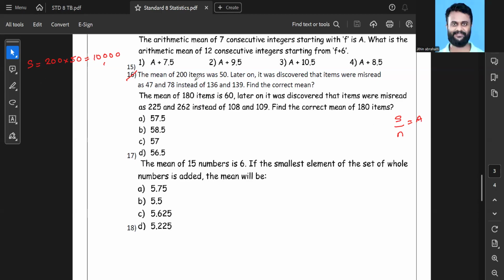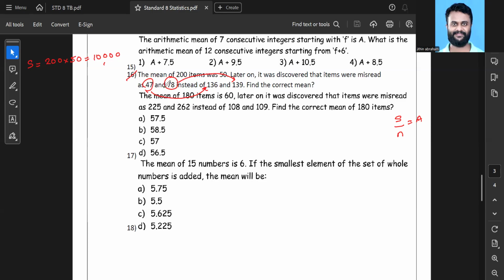So the sum which we have got is basically 10,000. But they are saying that this 10,000 was obtained by considering 47 and 78, whereas this is a mistake. 47 is not 47, but it is 136. 78 is not 78, but it is 139. So if we replace these numbers, we are going to add some extra.